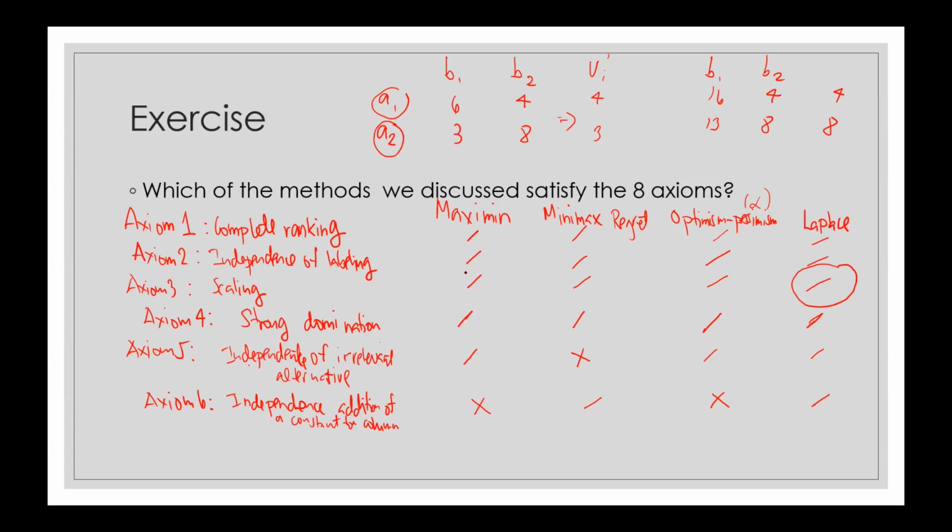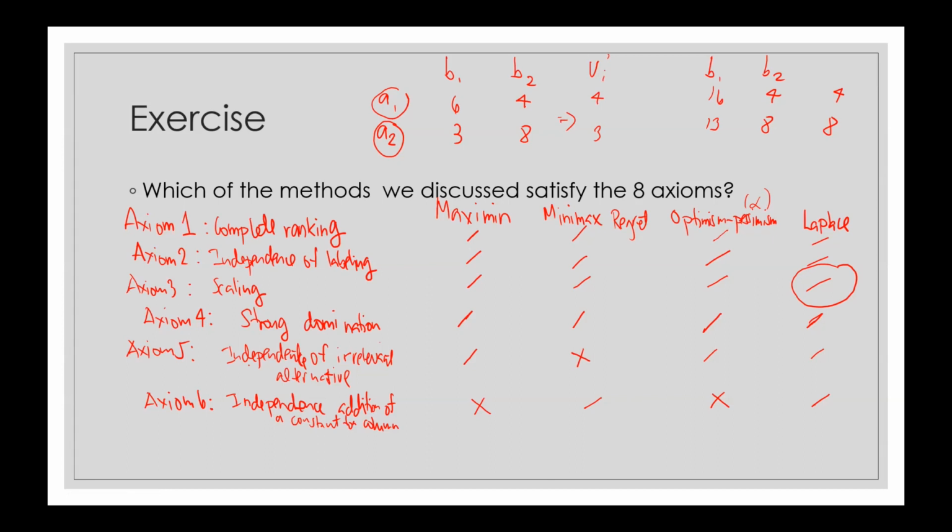Therefore, maximin does not satisfy action 6, because just by adding a constant, we show that maximin shifts the preference from A1 to A2. The same is true for optimism, because usually when maximin does not satisfy, optimism doesn't either, since it is just a trade-off.